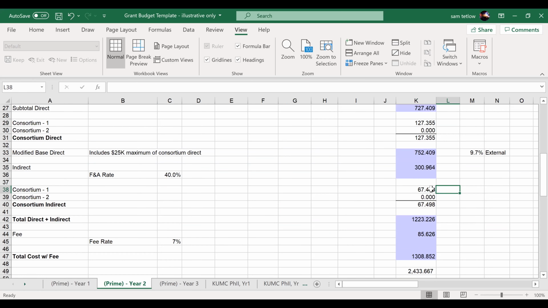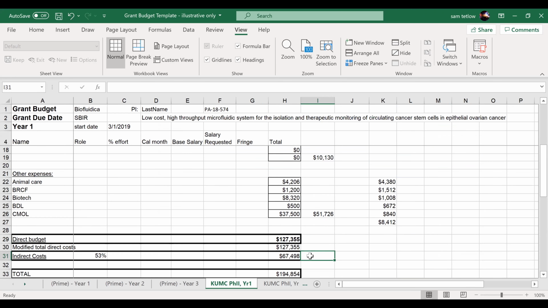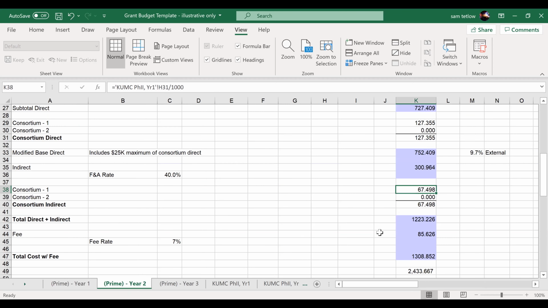We also add indirect here. You're going to guess correctly that line, where my cursor is right now, that 67,498 comes from that consortium indirect cost total and pushes to your roll-up spreadsheet for your project here on this row where the cursor is now.